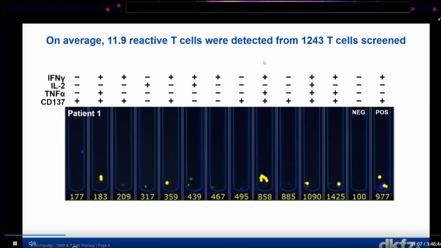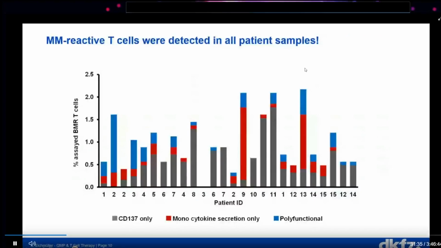As you can see, nature is much more complicated than we may think. We don't always have all three cytokines released by the T cells plus the CD137 (4-1BB) expression. We also have cases where we only have cytokines, or only have 4-1BB, or some of the cytokines, and for 4-1BB there are also different combinations.